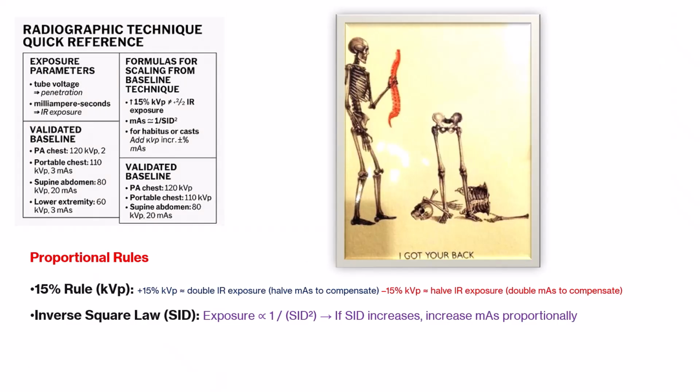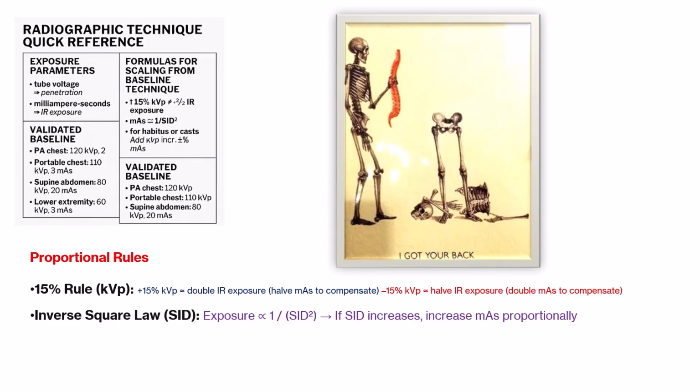How do we apply this protocol? Well, first of all, we're going to use exposure parameters such as tube voltage is penetration, and milliampere seconds is exposure. Back in the day, film screen, they used to say that KVP was contrast and mAs, mass, was quality.